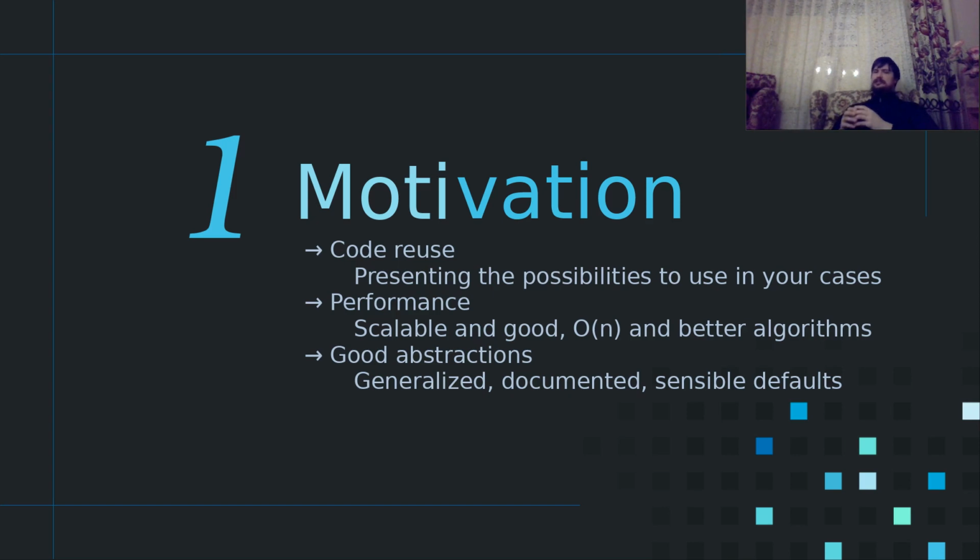So it's well documented. Also, this will serve as part of the documentation. And they are not just generalized, so you can use it for a lot of objects and a lot of use cases, but also parameterizable, fine-tunable. So you can fine-tune those.